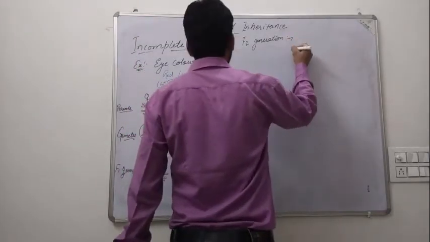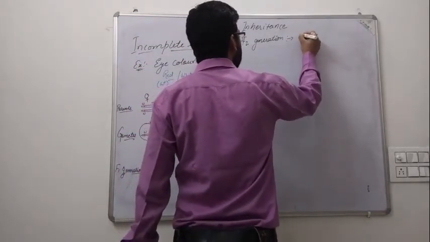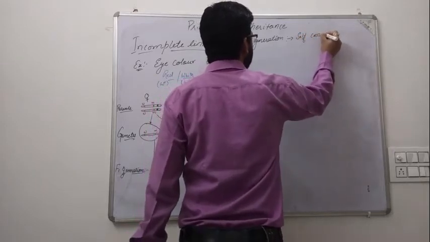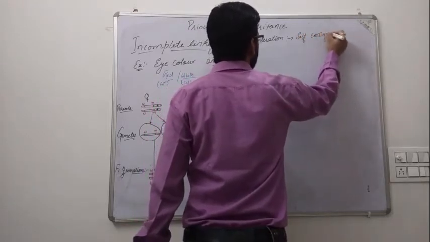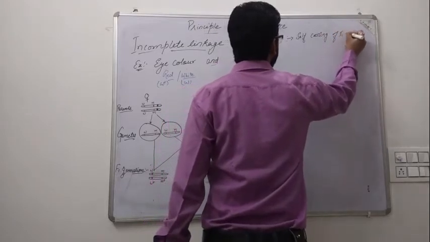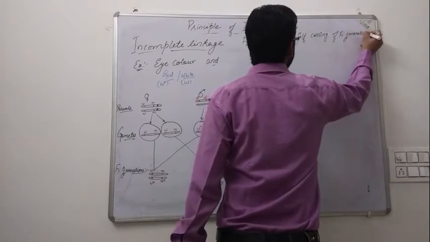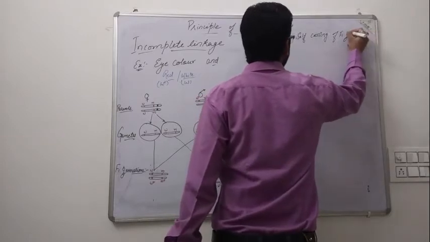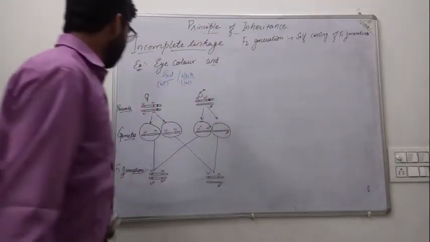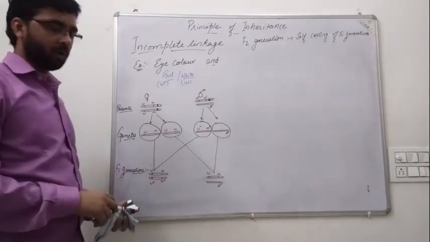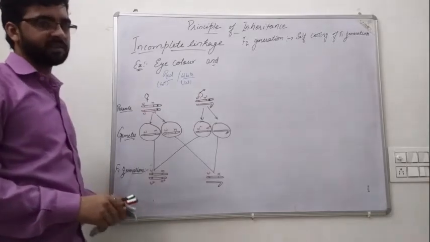So what we have to do is self-crossing of the F1 generation. Before doing the cross, we first identify the gametes here.